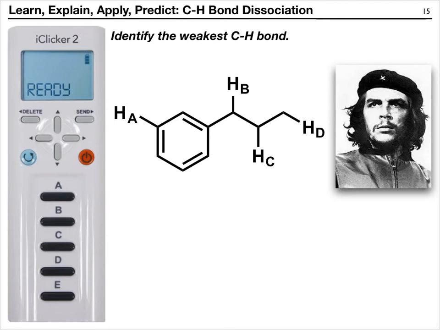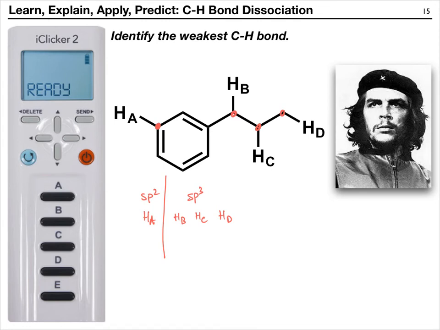So hybridization. If you look at the carbon hybridization, HA, this carbon, that's sp2, B, C, and D are all sp3.